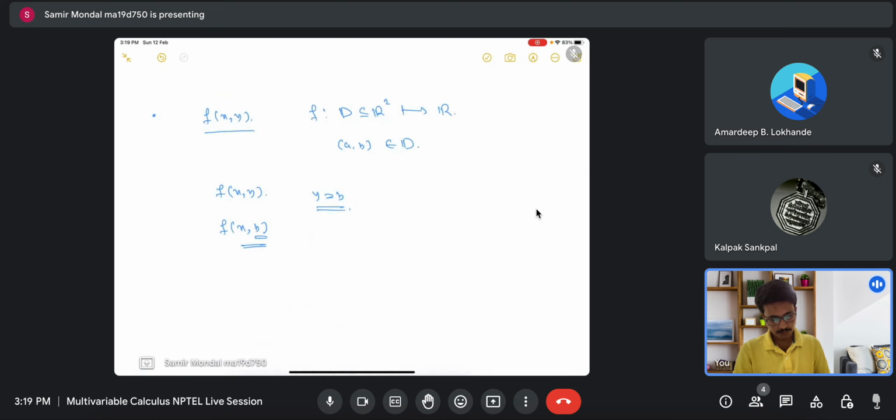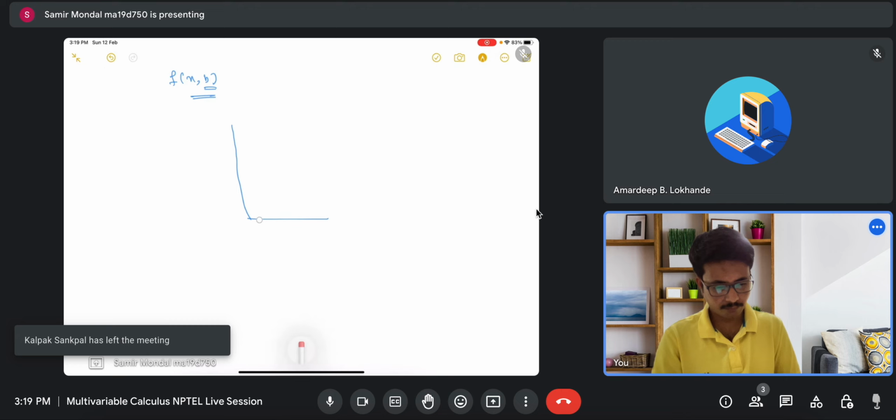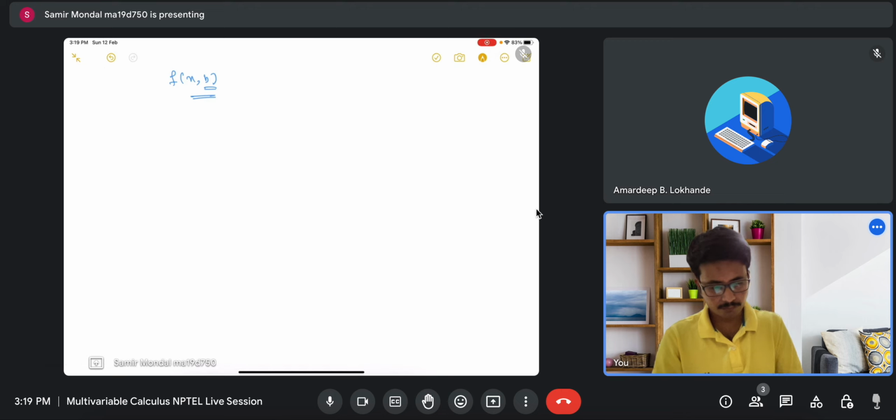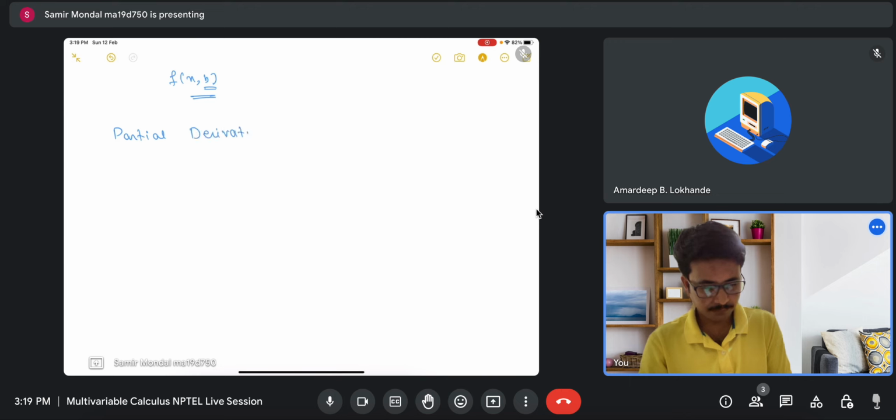Geometrically, one can think like this: the geometrical interpretation of partial derivatives. First I am telling it like this, then we will go for the general definition.